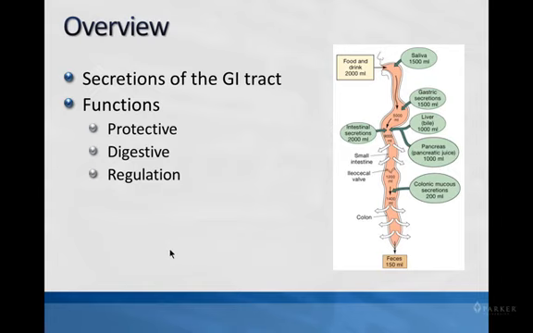They can also serve a regulatory role, so hormones can regulate motility as well as secretions. So we have a large amount of secretions. They're each going to have slightly different functions, and that's what we're going to be covering.